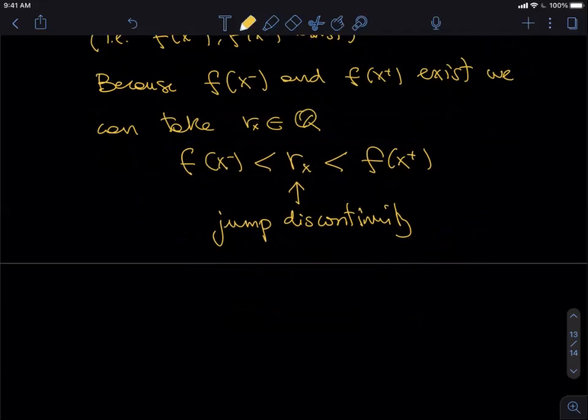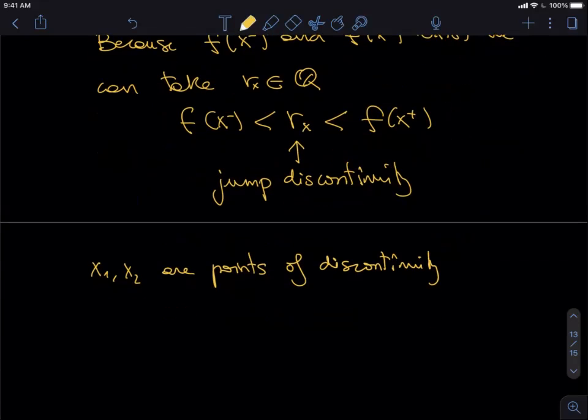But now see what happens. So let's say x1, x2 are points of discontinuity. And let's say x1 is less than x2. Okay, they are not the same because otherwise it's silly.